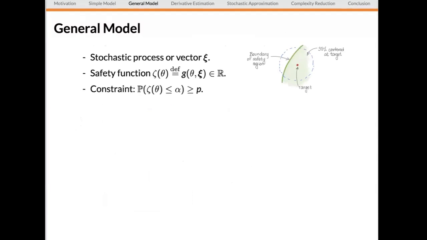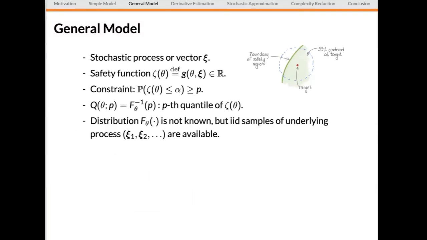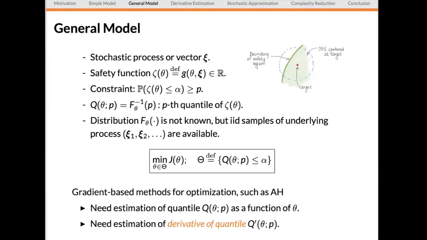The constraint is still the same one that we had before, and the quantile will be the inverse of the distribution function of these random variables that we don't know. So what we know, the observations are C, and we do know the function G, so we can apply the function G. This is the problem that we want to solve.